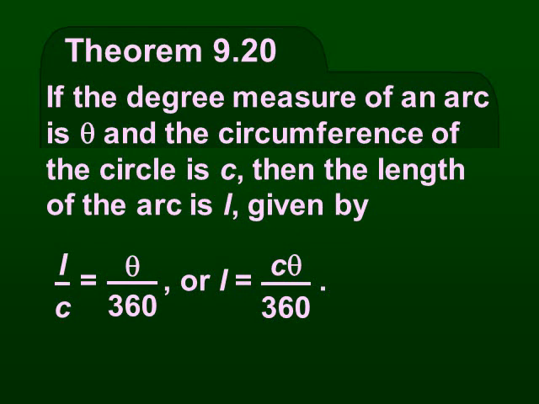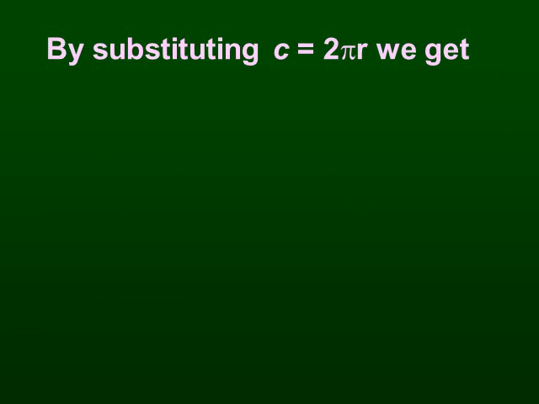Of course, there's a little bit of input that we need to do. By substituting the formula for circumference into that equation, this would be our official formula for arc length. I keep saying measure.